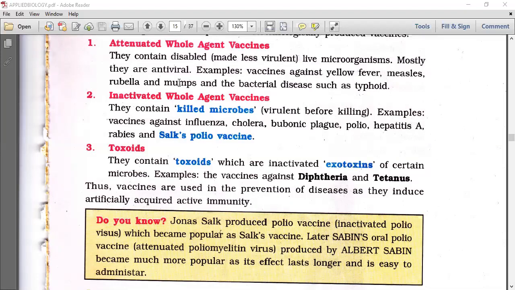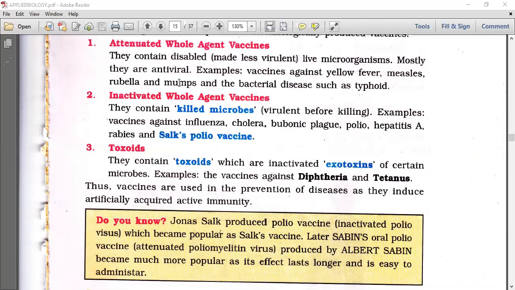In the case of the attenuated whole agent vaccine, they contain disabled, less virulent live microorganisms, not like the original. Mostly these kinds of vaccines are antiviral, live but less virulent, less harmful, and we develop them in the laboratory. Vaccines against yellow fever, measles, rubella, mumps, and bacterial diseases such as typhoid use the attenuated whole agent vaccine.